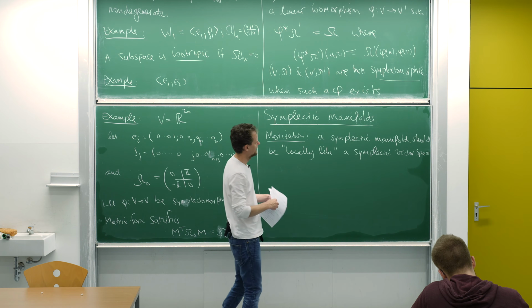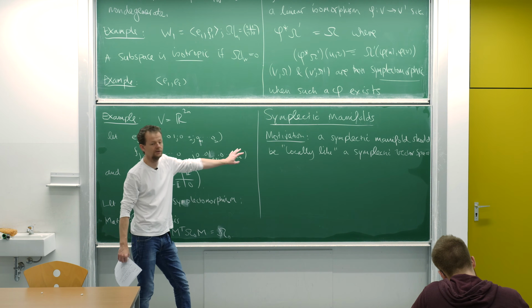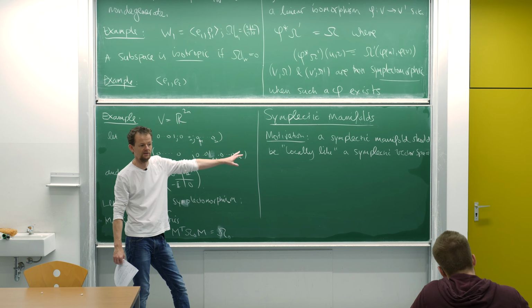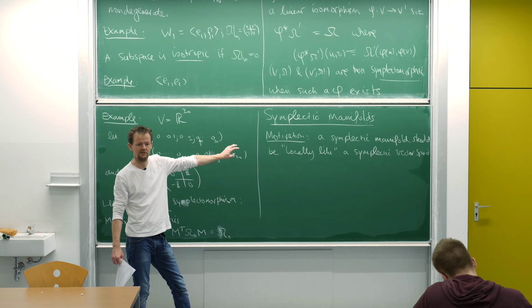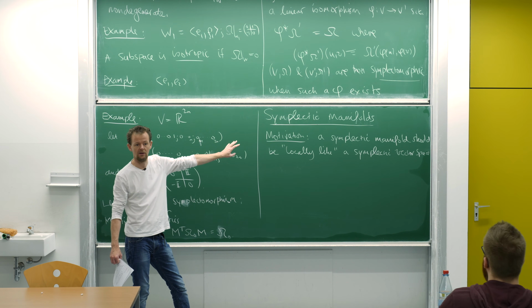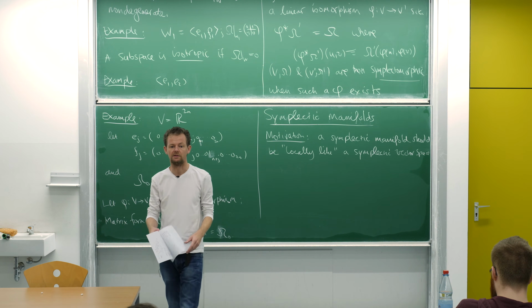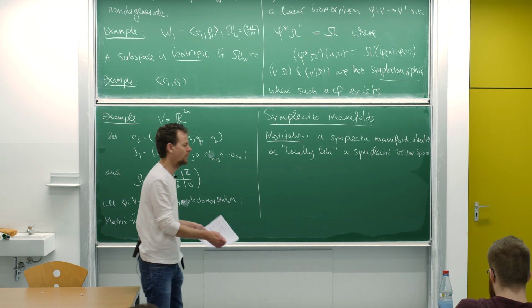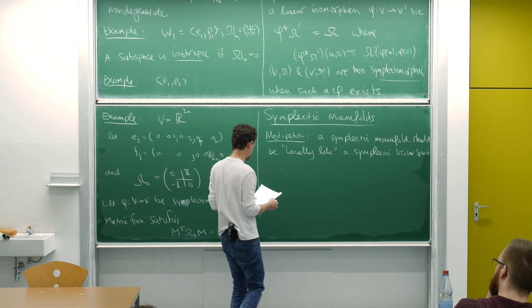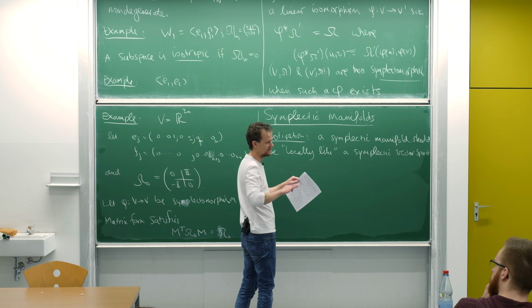And we can answer this question by looking at the tangent space of a manifold and seeing, is there a symplectic form on that tangent space? If so, then we should assert that the resulting manifold is symplectic. Now there's some additional properties we're going to demand to make it nice and smooth.